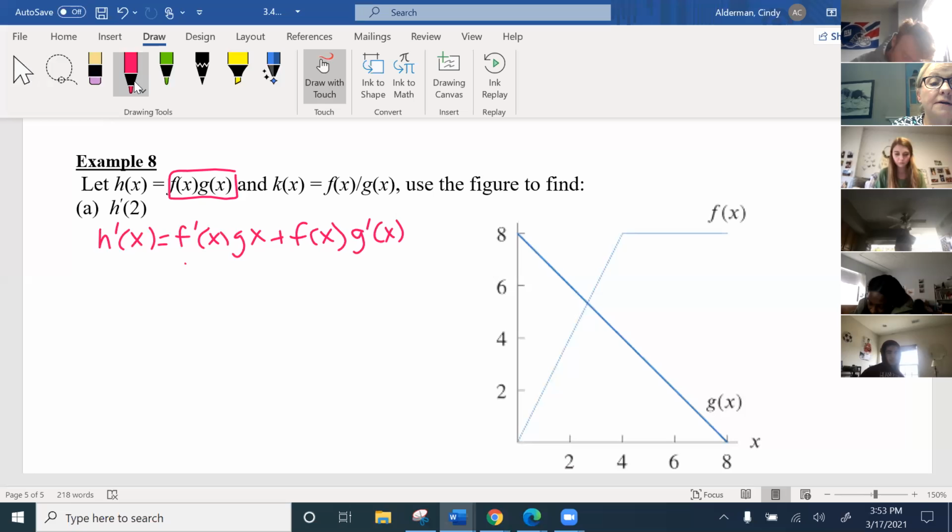So let's put the 2's in there: f prime of 2, g of 2, plus f of 2 and g prime of 2.